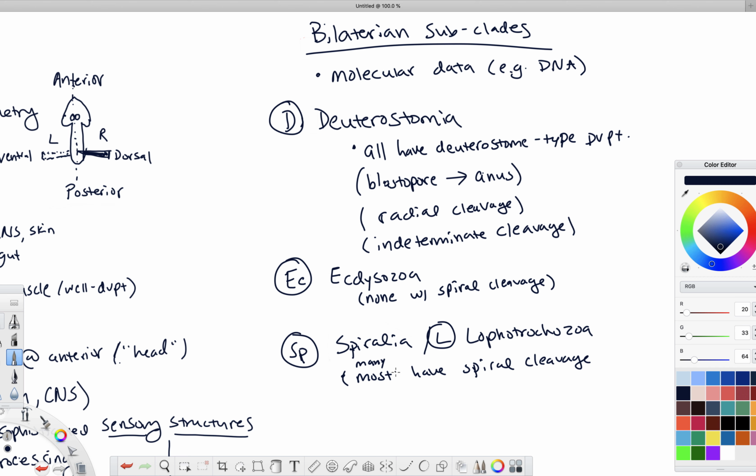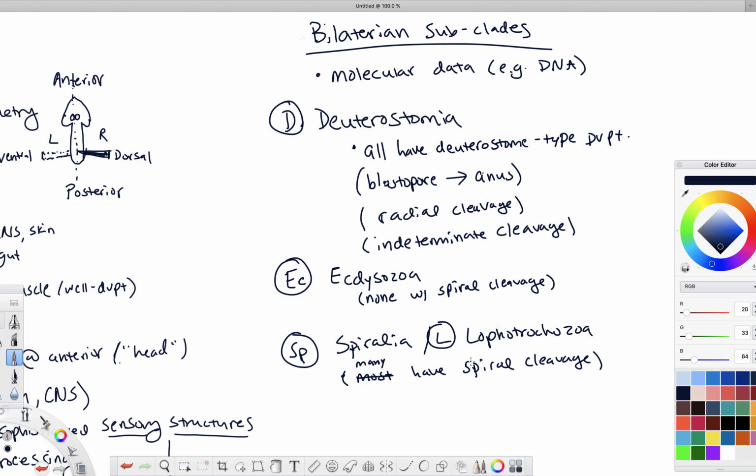The thought is maybe that the ancestor of all Spiralia had spiral cleavage, and then some of these lost it. It was originally thought protostome development was first, and then deuterostome development was second, but it looks like perhaps the bilaterian that gave rise to all the other bilaterians had deuterostome type development, and then the protostome with the spiral cleavage and the mouth coming from the blastopore might have happened second.